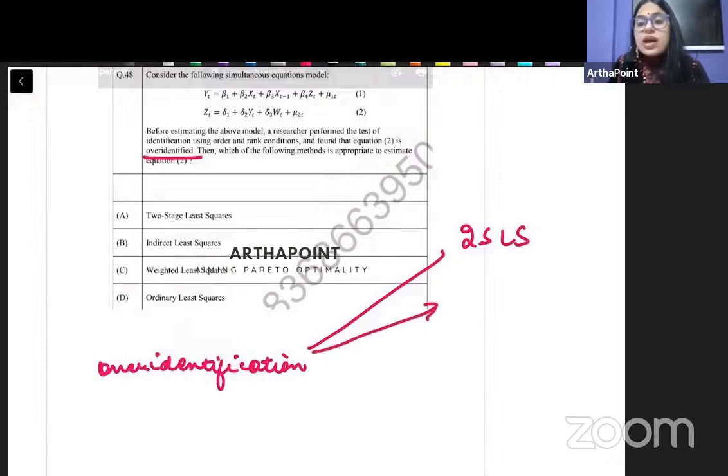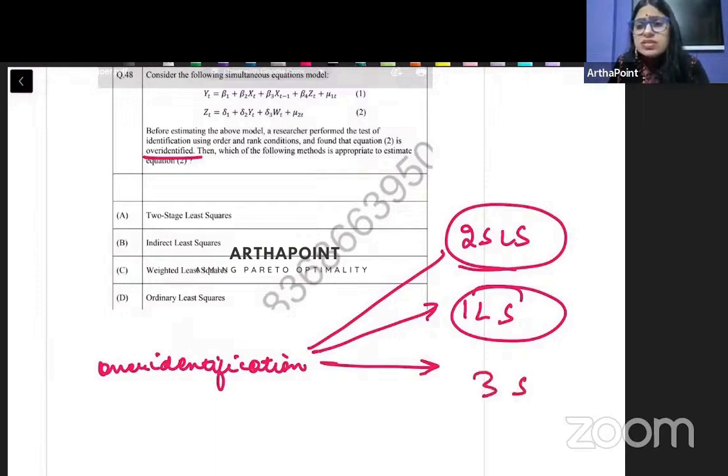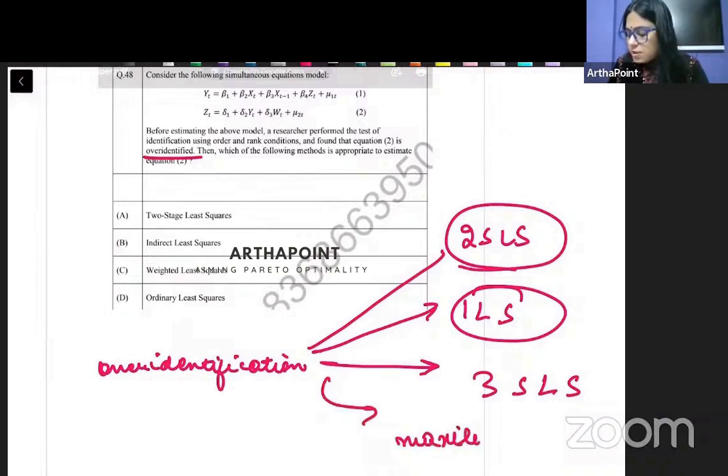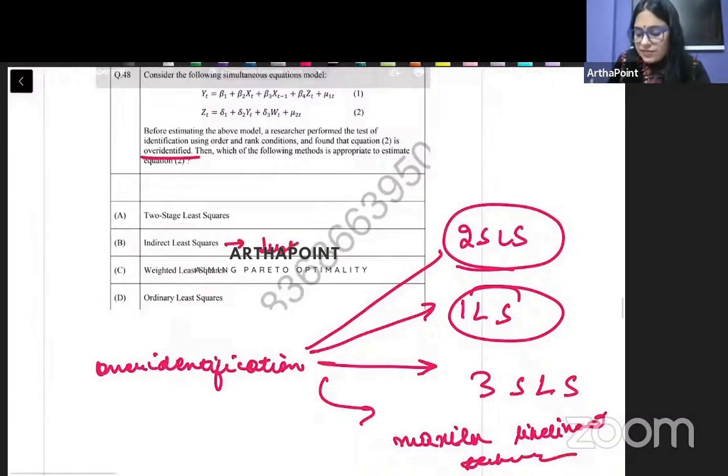You can use other techniques also. हमने पूरा पढ़ा है where to use, जैसे for example, where to use indirect least square when it is just identified, where to use two-stage least square, where to use three-stage least square, where to use your maximum likelihood technique. Right, beta? So we know that indirect least square is when it is just identified.